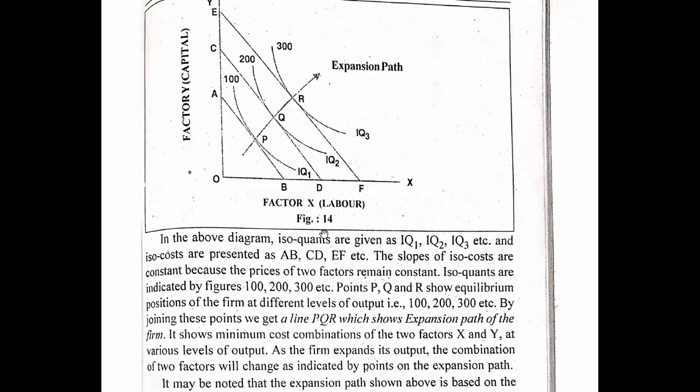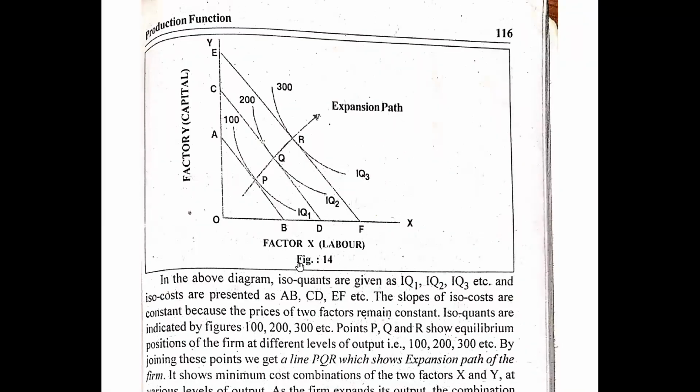And now we will move further and see figure 14, that this is the isoquant line, and this is the expansion line. Expansion means what? When you increase factor X and factor Y, or we can say when you increase the labor and the capital, you will get expansion. So from point P to Q and from point Q to R, that means from point P to R, this is a path of expansion, meaning the company increased its production.